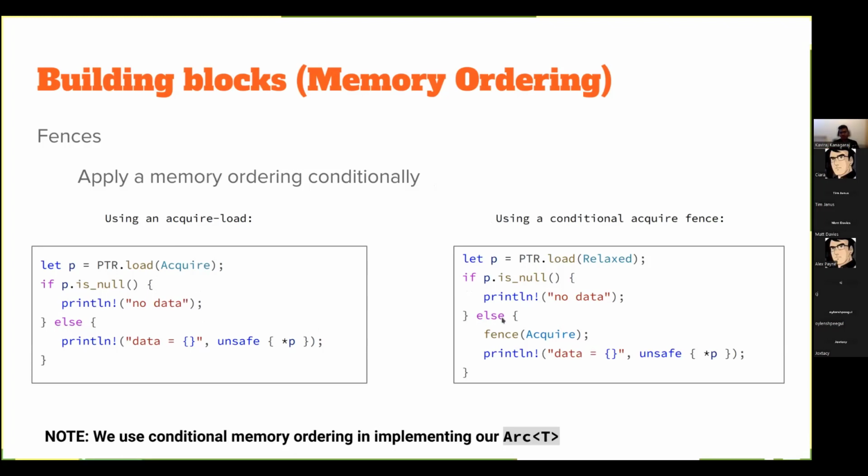Whereas on the right side, it does the relaxed load every other time, and uses acquire loading only if it is non-null. That's the code generated by the compiler, telling what to do and not to do in this order. And we use this conditional ordering in Arc, so that's something to keep in mind. And that's about the refresher.